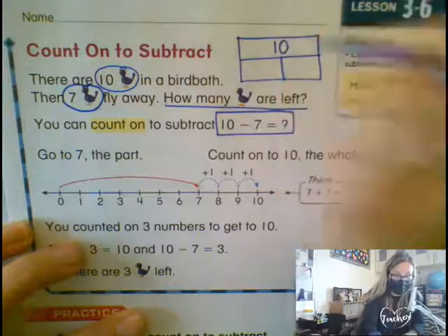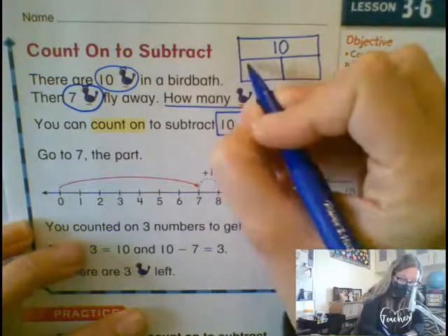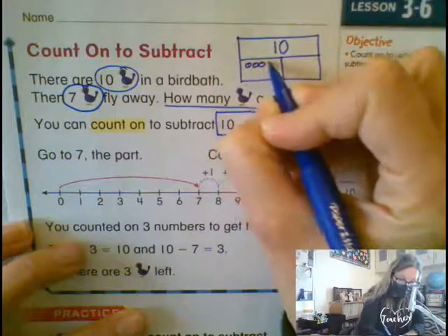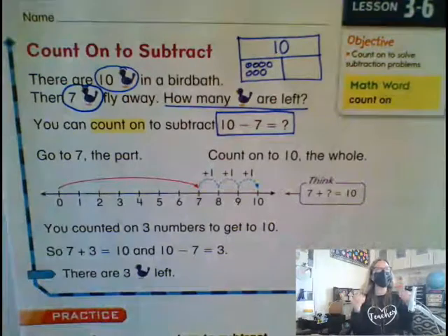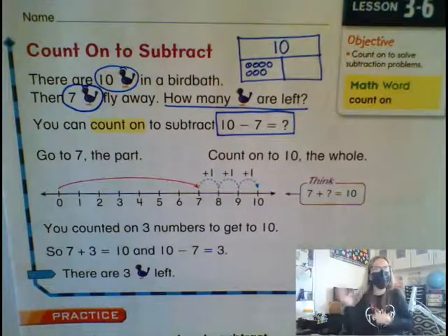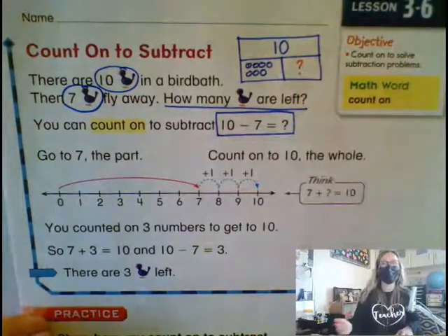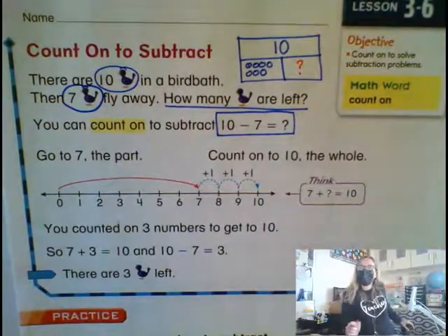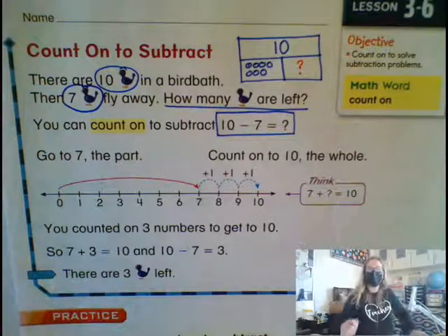Because those are the number of birds that were swimming in the bath. And I know that one of my parts is 1, 2, 3, 4, 5, 6, 7, right? That's what I know. Now, what I'm trying to figure out is, what is this other part? How many birds are still in that bath when 7 of them flew away?